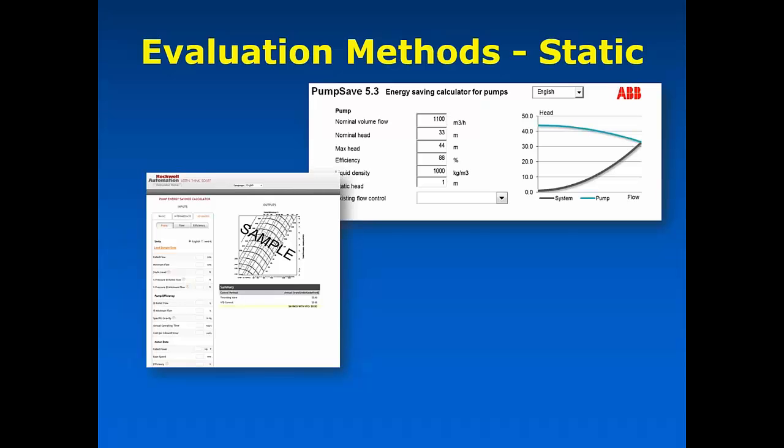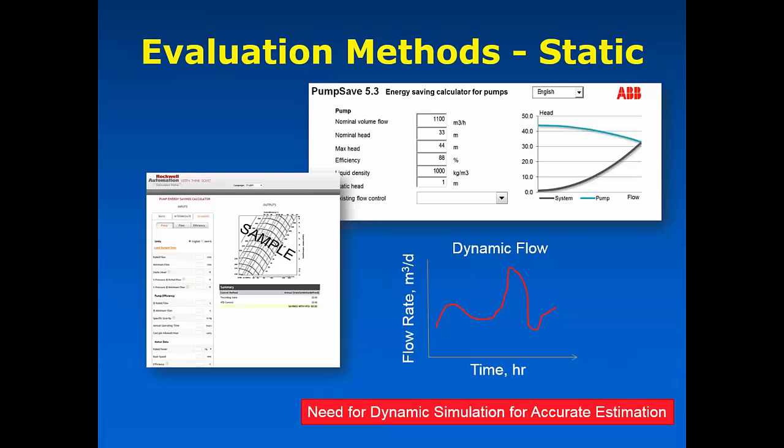Okay, so when we move on to evaluating what the various methods would be for operating this with a constant speed pump versus a variable speed pump, there are a number of spreadsheets out there for evaluating the static head, and those are available and can be calculated fairly easily. But of course, in GPSX, one of our main things is that ability to model things dynamically and to have the flow rate, for example, change over time.